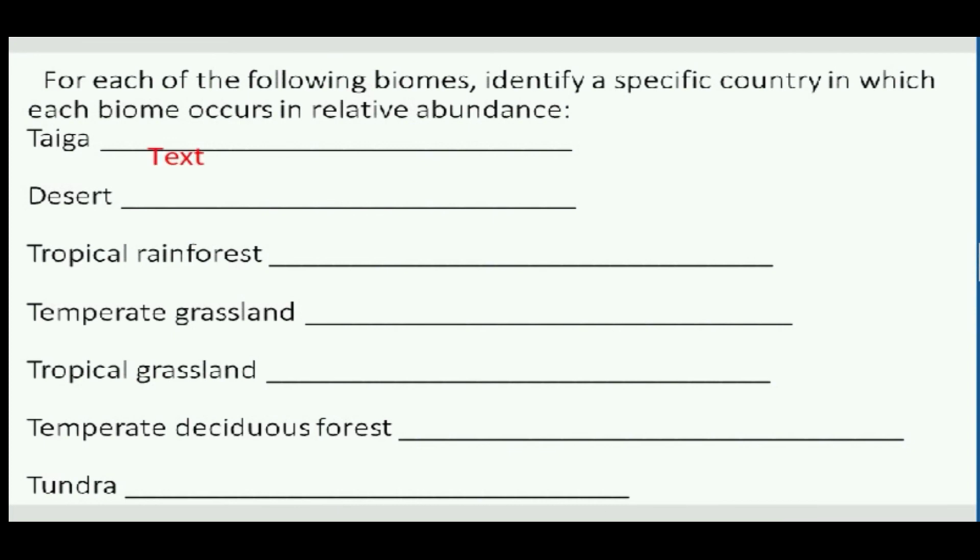The taiga could be like Russia or Canada. The desert could be like any of the countries in northern Africa. Tropical rainforest, you can have Brazil, Costa Rica also has a rainforest. A temperate grassland could be the USA. We have one.